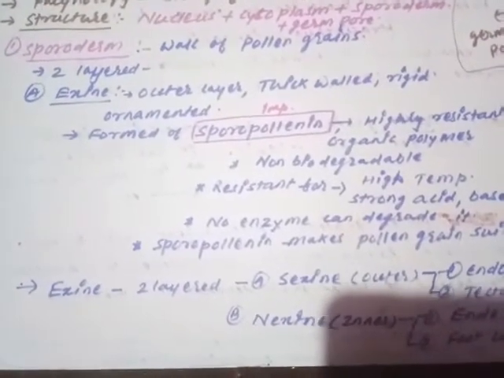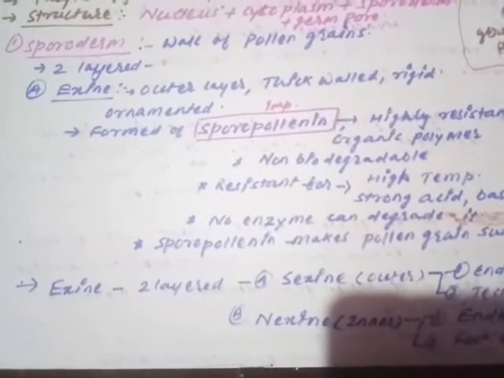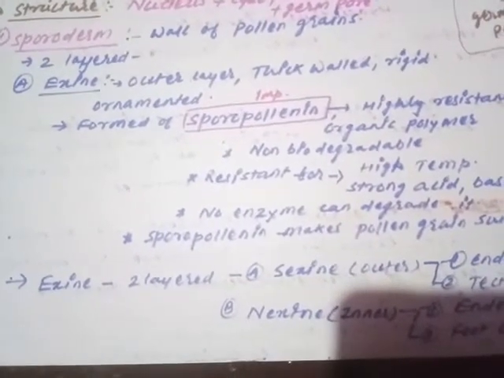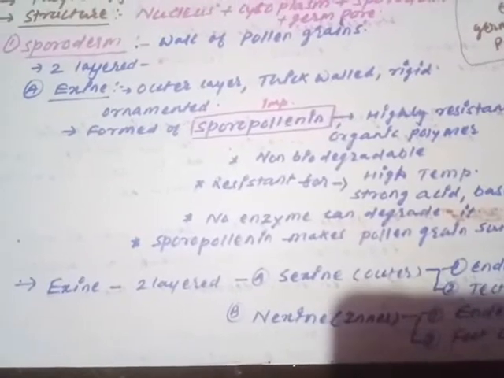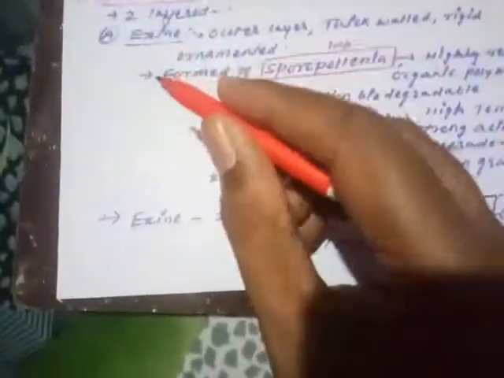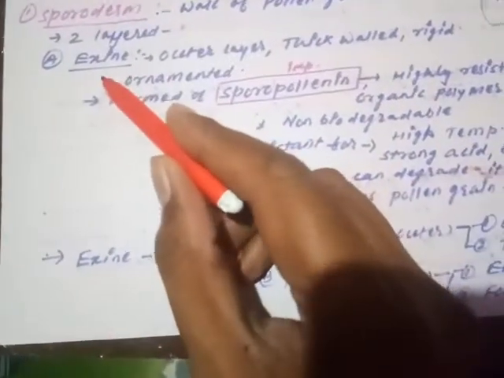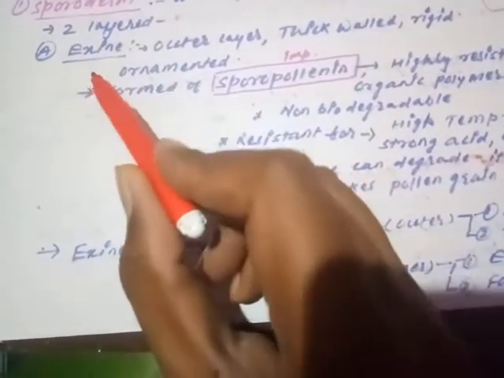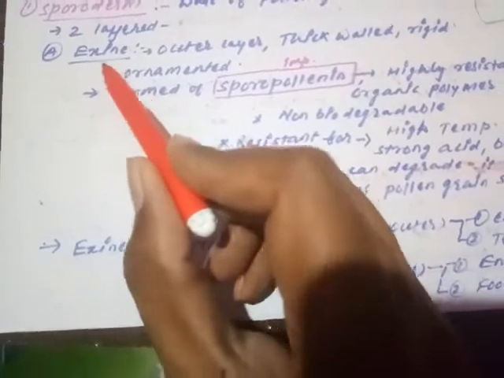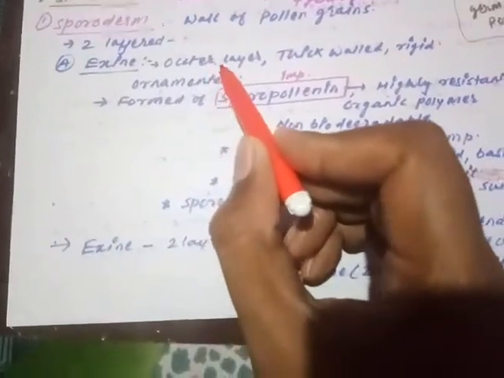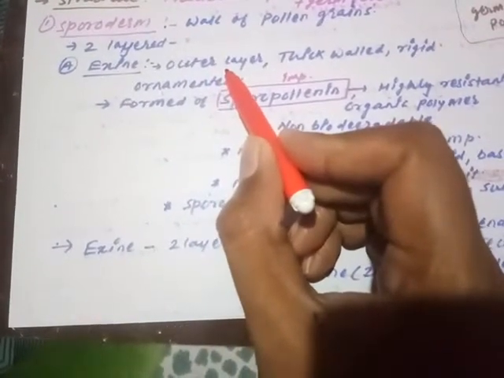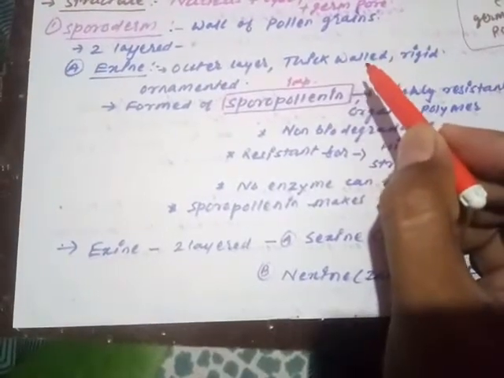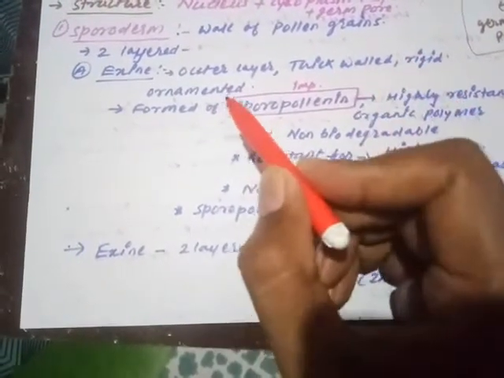So that sporoderm is a two layered structure, or we can say it is made of two layers, the outer layer and the internal layer. The outer layer of sporoderm is called exine. Listen, the exine is the outer layer. It is very thick walled, rigid and ornamented.